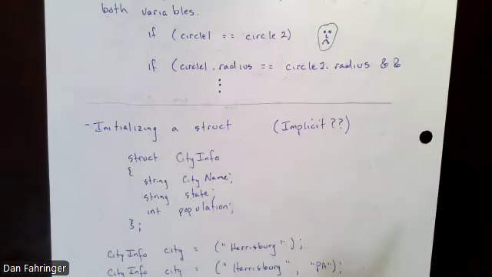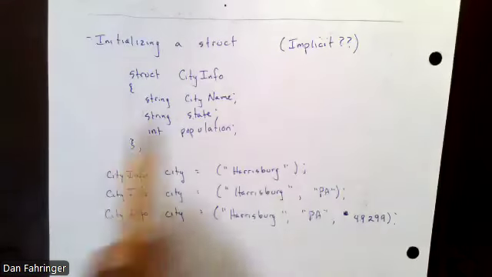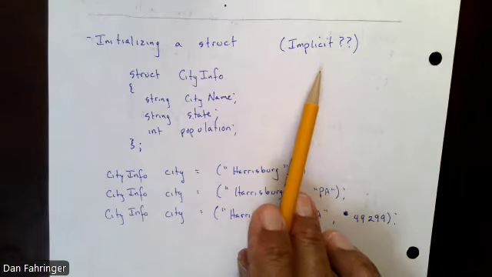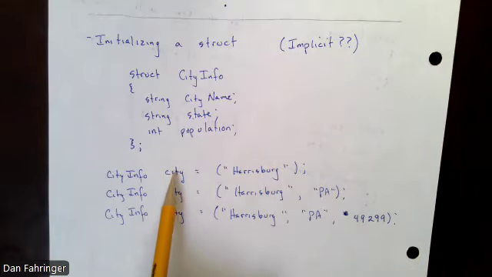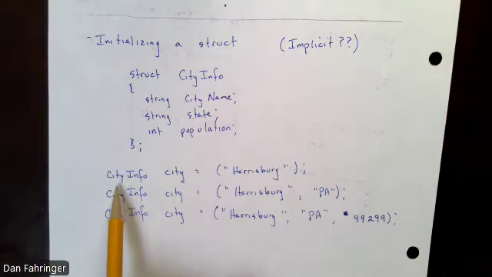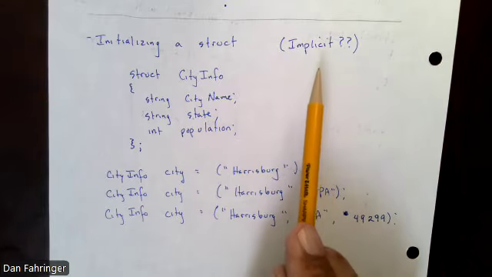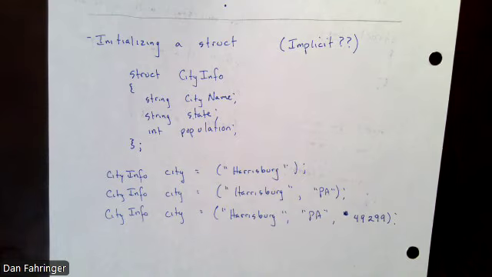Okay, you saw a bunch of examples from the video. These are examples. This is kind of different, sort of implicit. If I create a new city of type city info, I can fill in the first member, first and second member, first, second, third member, all kind of what we used to call implicitly, assigning it when I'm declaring it.